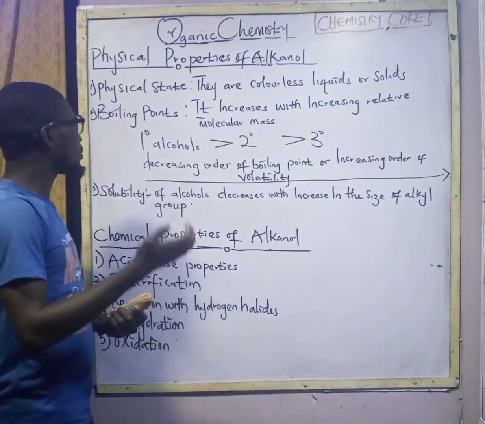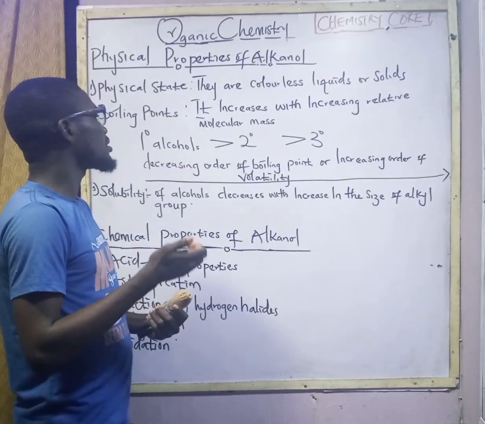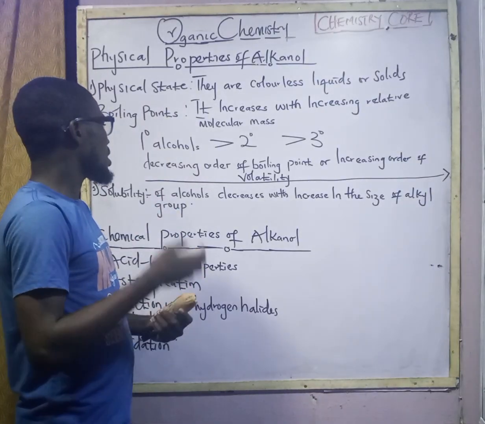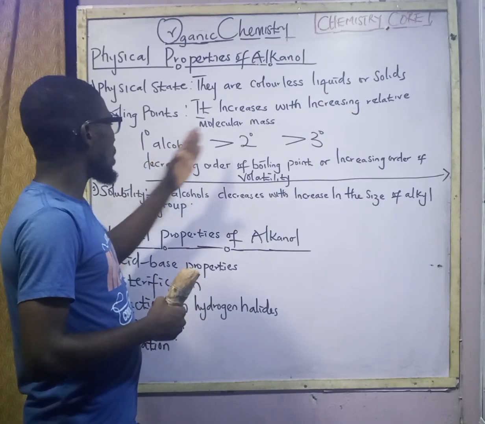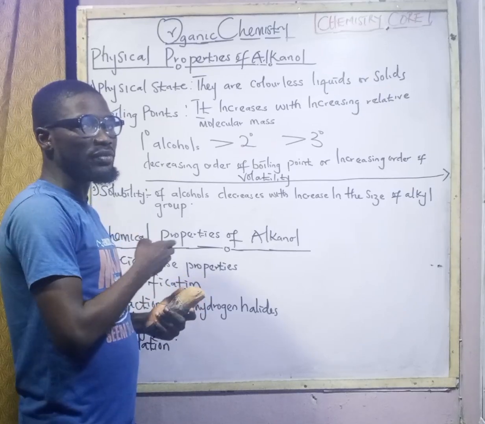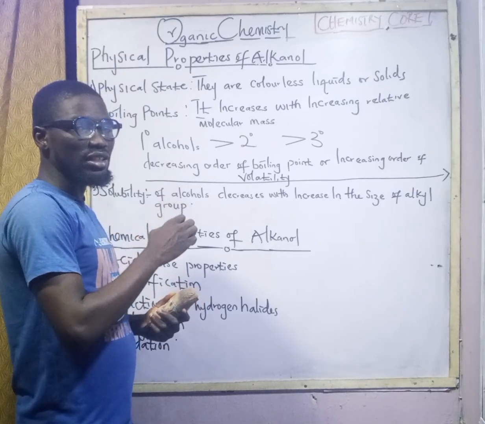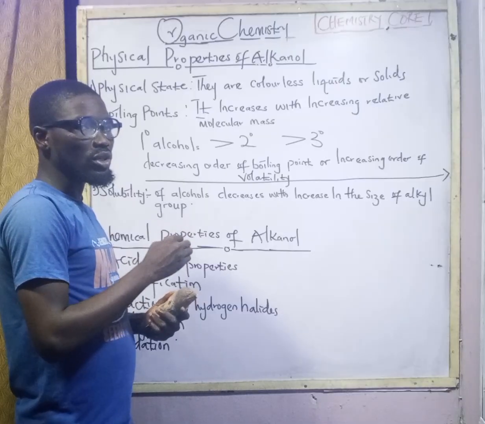The second one states the boiling point increases with increase in relative molecular mass. As you can see, we have the primary alcohol, the secondary alcohol, and the tertiary alcohol. In my previous video, I explained that under the classification of alcohol. Are you with me now?